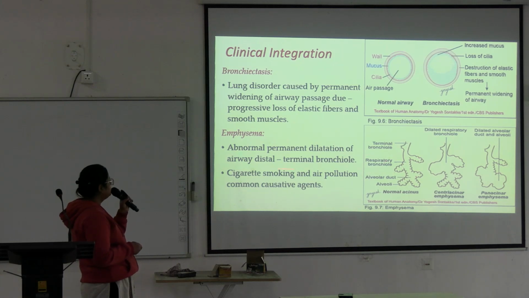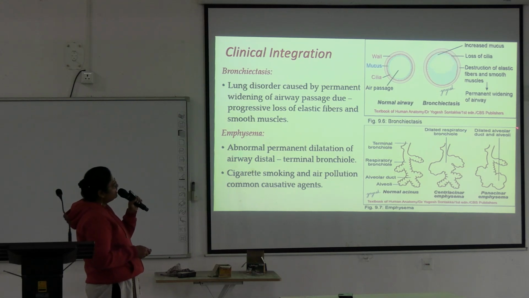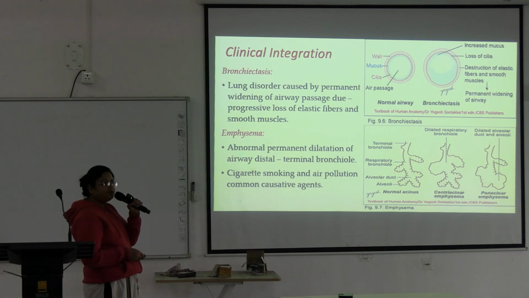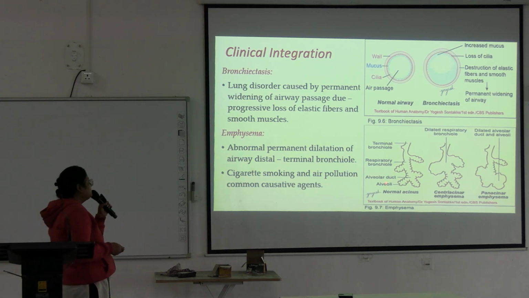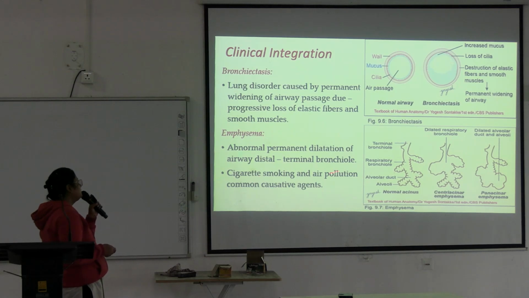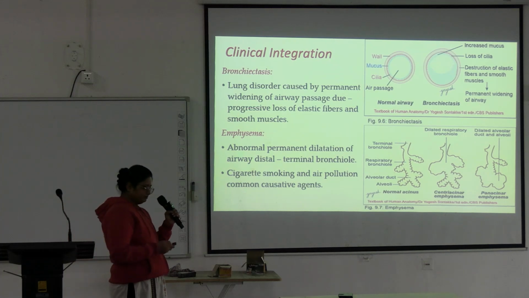In centri-acinar emphysema, dilated respiratory bronchiole has occurred. Here dilated alveolar duct and alveoli have occurred in pan-acinar emphysema. Okay, 2 types of emphysema. Cigarette smoking and air pollution are common causative agents for emphysema. Very common disease nowadays.